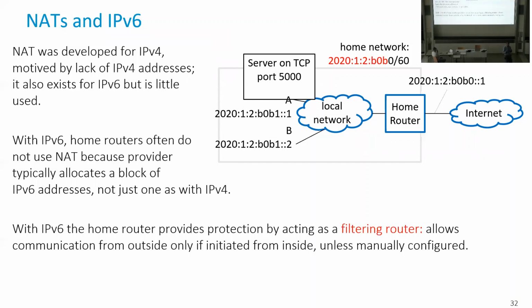You expect from providers that they give you not one IP address, but a block of at least, for example, 16 IP addresses. Or 16 would mean they reserve one hexadecimal digit for your own subnet part. This is what happened here, for example. I received from my service provider a prefix of size 60.